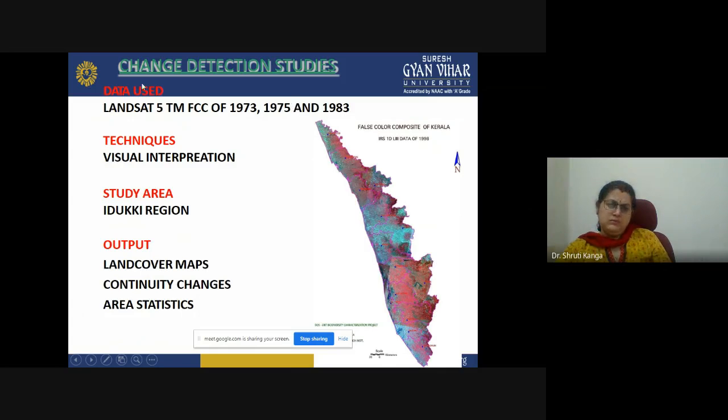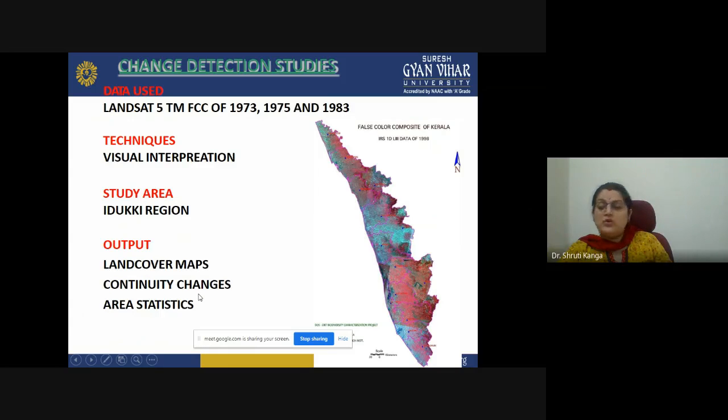So different time periods' data they have taken, then visual interpretations were done, and the study area was the Idukki region of Kerala. The output was in the form of a land use, land cover map, continuity in the changes, and the area statistics.